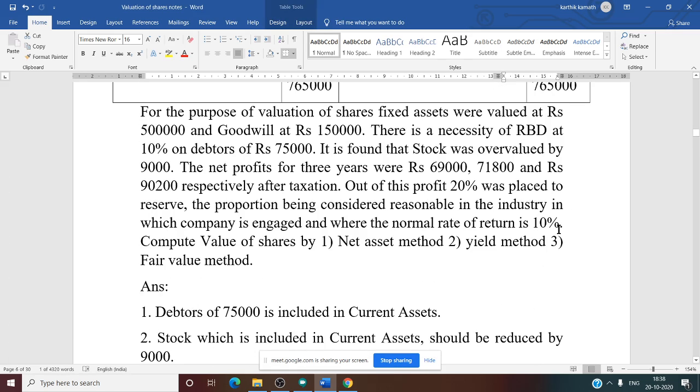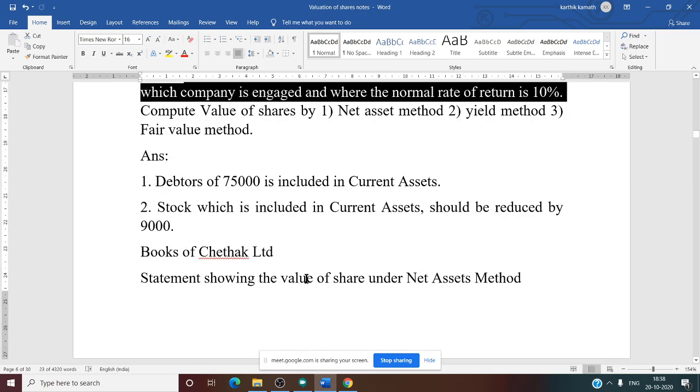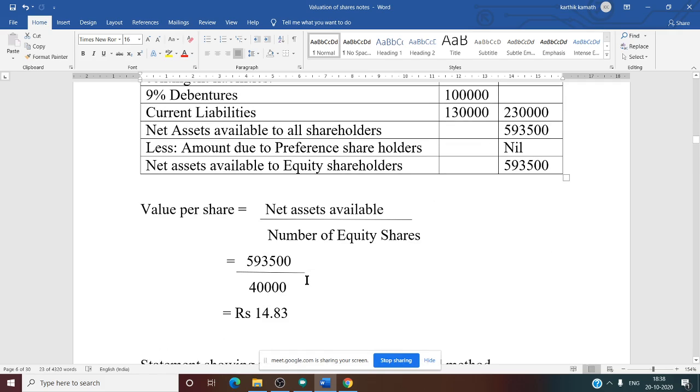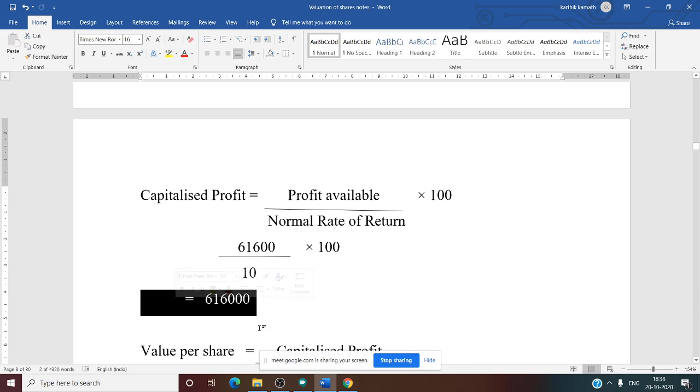The normal rate of return is given here as the fair rate in the industry, that is 10%. So we write 10 in the denominator. 61,600 divided by 10 into 100 gives capitalized profit, 6,16,000.